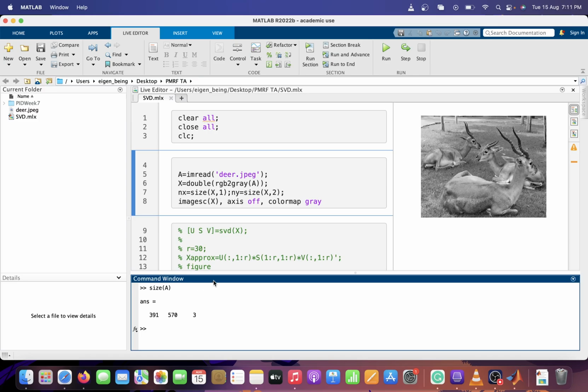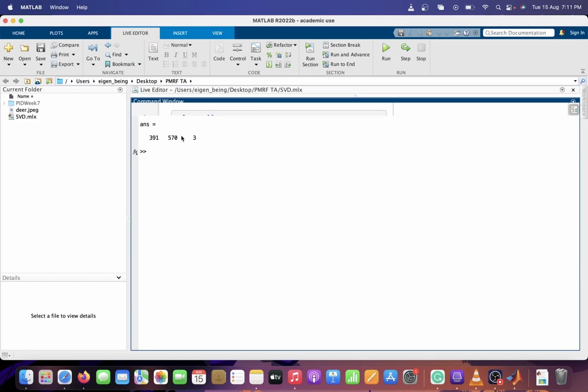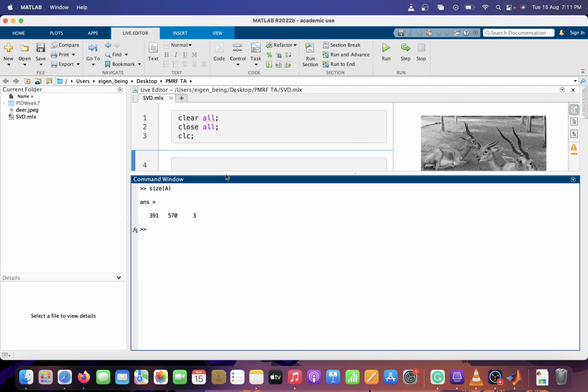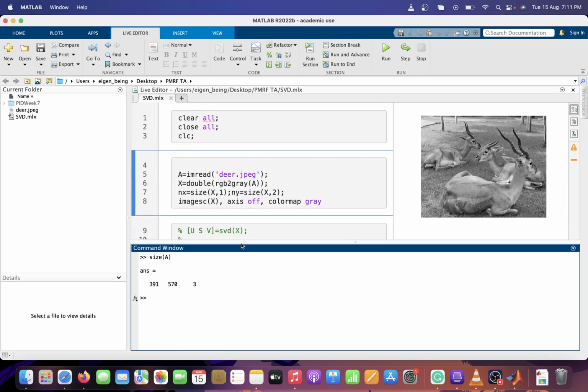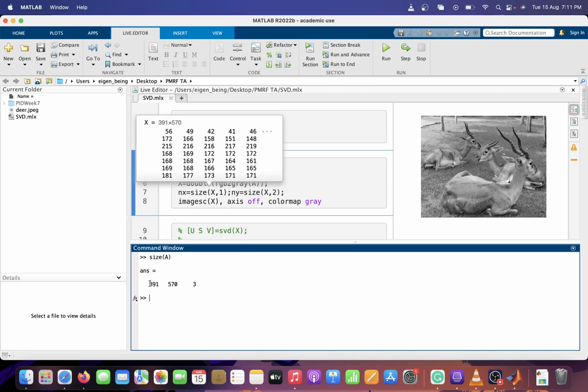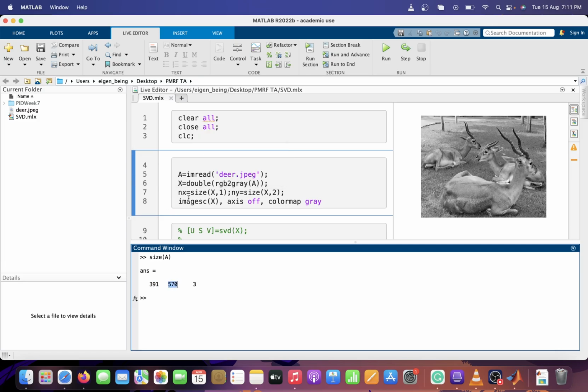We are not going to look at what tensors are in this case, but it stores a 3D object, whereas matrices are 2D, basically an X and a Y. Tensors are 3D. 391 cross 570 is the pixel size.